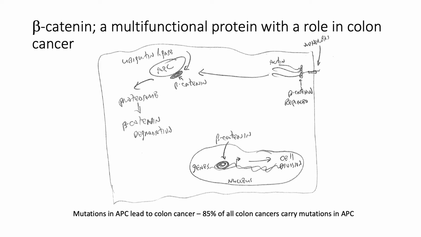So here we have an example of a multifunctional protein. It acts as part of cell-cell junctions, causing the interaction and the binding of the cytoskeletal proteins to the cadherin proteins. And the truth is, nobody ever thought to look for anything else. I mean, it was involved in cell-cell interactions.